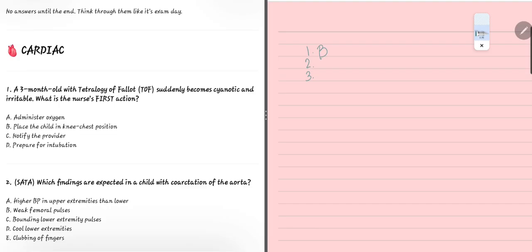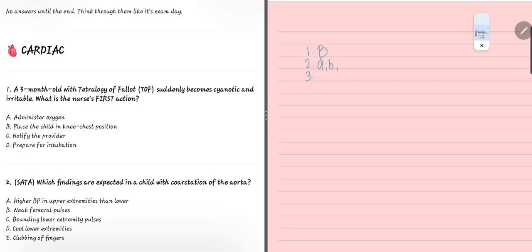E. Clubbing of the fingers. Okay, so I'm definitely going to go with A because I know that's like the first sign of it. Weak femoral pulses, yeah, I'm gonna choose that too.